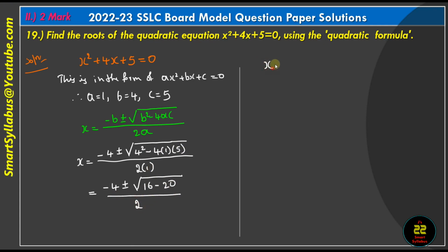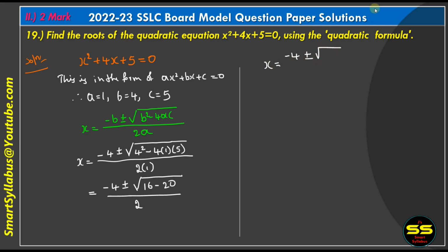Next, x is equal to minus 4 plus or minus square root of 16 minus 20, so it will be 4. Here is a catch. If you just write 16 minus 20 as 4, then definitely you are making a big mistake, because the minus sign is for the greater number. It means you have to write minus 4 for this, upon 2.